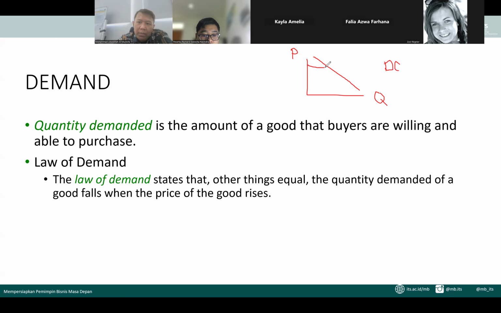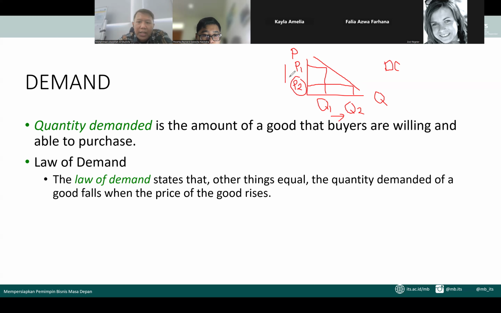Look at where the price is high. This is the price. When the price is high, the quantity of the goods that we want to buy will be very low. But what will happen if the price is low? This is price 2. What will happen if we have price 2? The quantity we demand will be a lot.